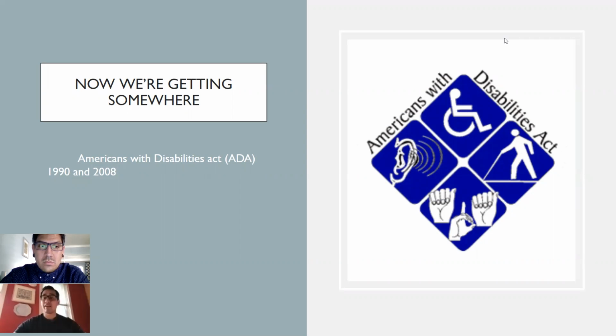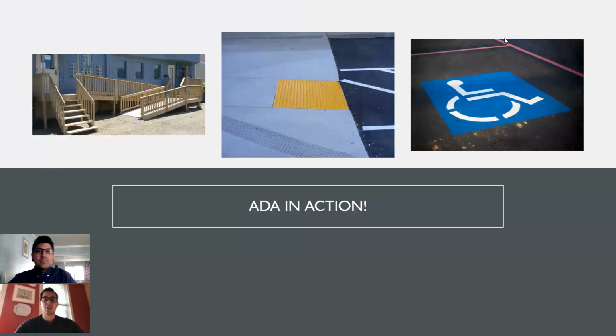Public life includes jobs, schools, and also transportation: public transportation, trains, buses, etc., and anything that is a public or private place open to the general public. The purpose of the law is to make sure that people with disabilities have the same rights and opportunities as everybody else. Okay, so let's go ahead to the next slide.